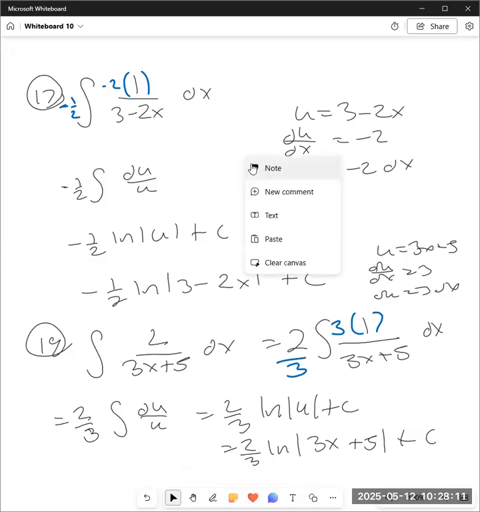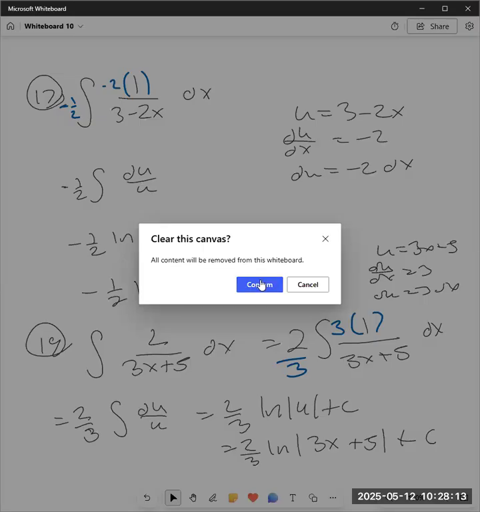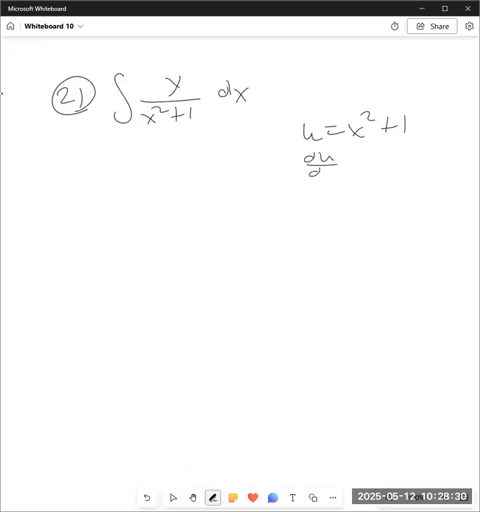Moving on to number 21. The integral of x over x squared plus 1 dx. U is going to be x squared plus 1. Du dx will be 2x, and du will be 2x dx.